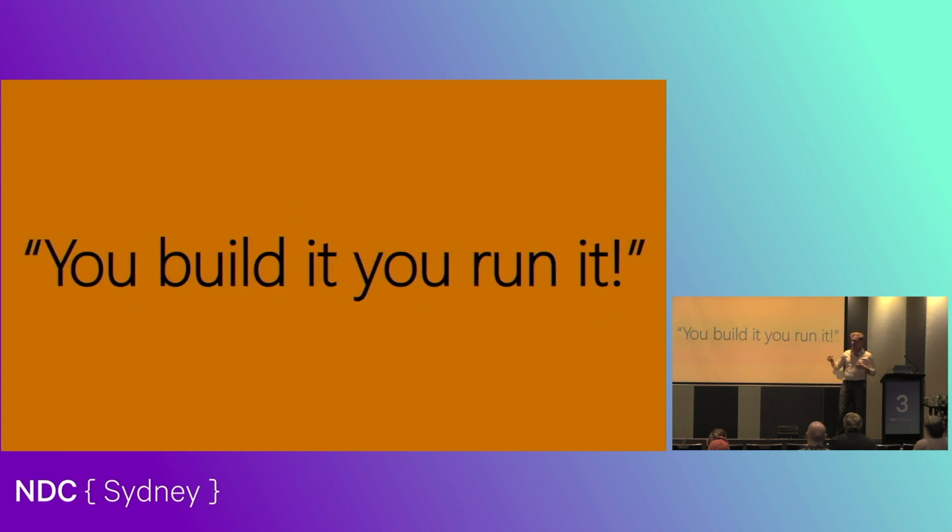there's this theory that if you build it, you run it. Us, the developers, right? We built it, we now run it. It's our responsibility now that this thing is up and running. Somebody calls, the angry customers are calling on a Saturday afternoon, and the boss is ringing you, and you're having a barbecue, and you have to fix it. It's your problem. So the thing about you build it, you run it is that this assumes you have a team that is, the thing about the 10x developer, the one developer who is 10 times as valuable as any other.